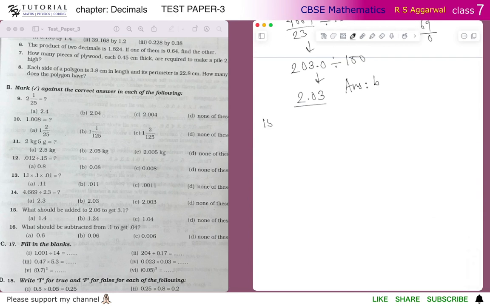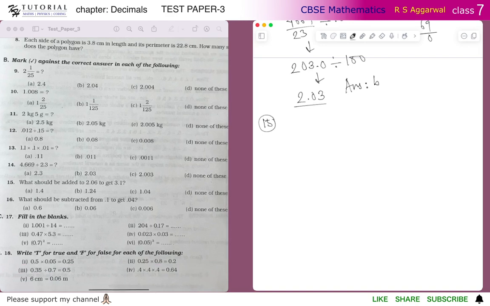Let's do 15. What should be added to 2.06? I am writing the number to be added in the box. What should be added to get 3.1? So if the box is x, that number we have to add to 2.06 to give 3.1, x will be 3.1 minus 2.06.